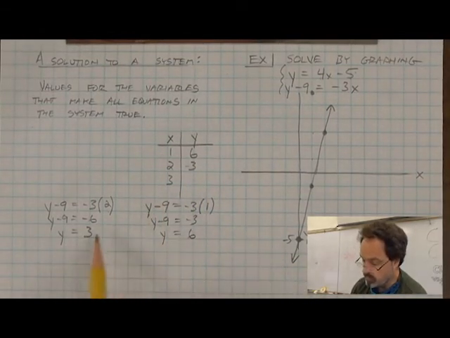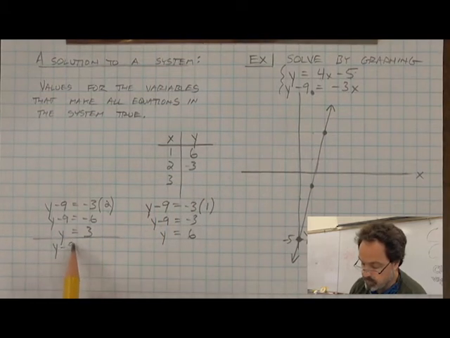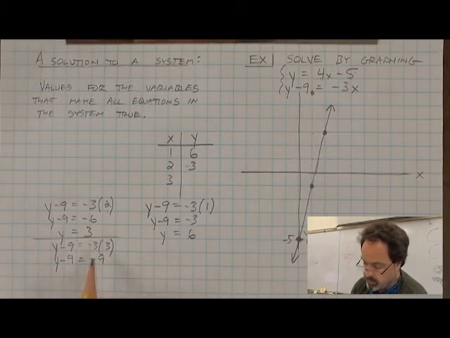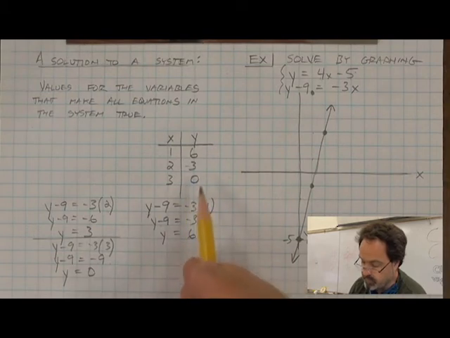One more side work problem. I'm going to choose x to be 3. Adding 9 to both sides gets y by itself, and negative 9 plus 9 is 0. So when x equals 3, y is equal to 0.